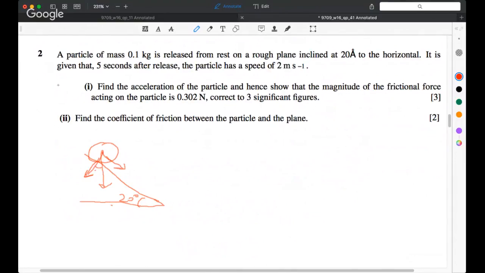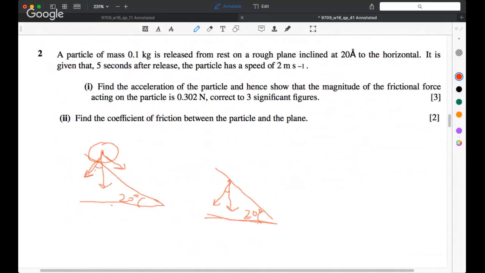So what's the angle here? Let's try to draw a bigger diagram. So gravity is acting perpendicularly downwards, and this is 20. So what is this angle here?